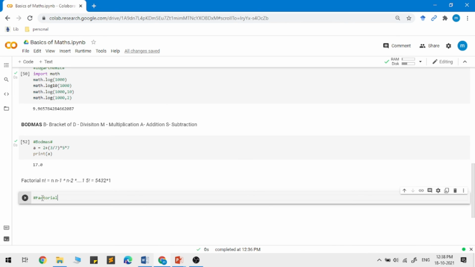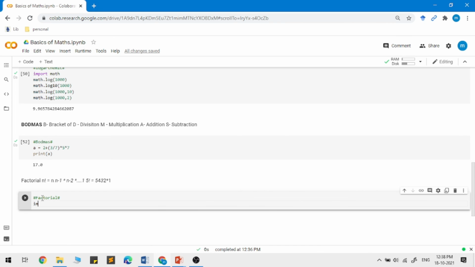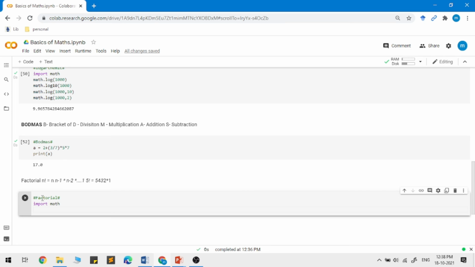To implement factorial, I must import the math function. So import math, and I want to find math dot factorial of 5. You can simply see that 5 into 4 into 3 into 2 into 1 is nothing but 120.